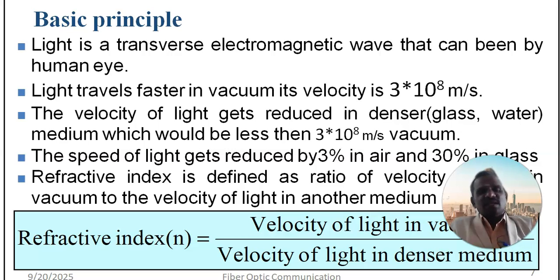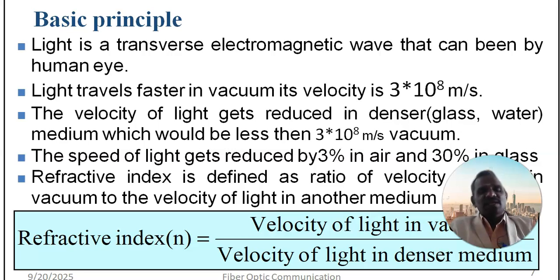The speed gets reduced by 3% in air, that is above the ozone layer, then 30% in glass, so that has to be defined by a refractive index. Refractive index is defined as the ratio of the velocity of light in vacuum to the velocity of light in any medium or denser medium. It's a ratio.